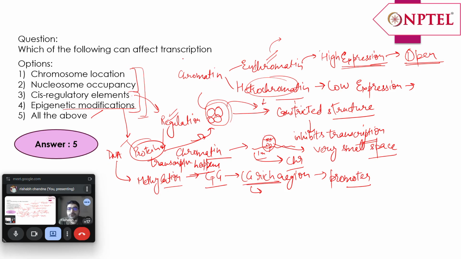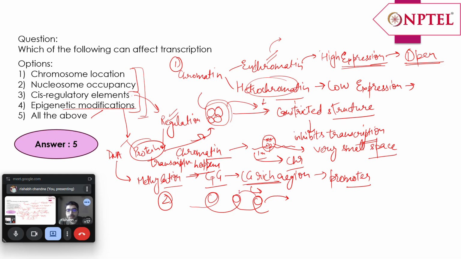So the first one you understood. The second one is that whenever DNA is wrapped in a nucleosome, histone proteins are present.